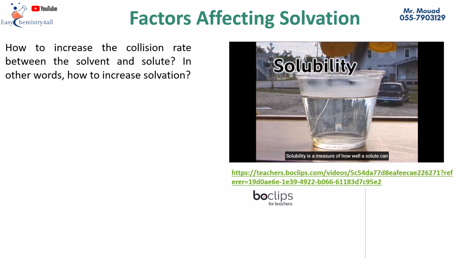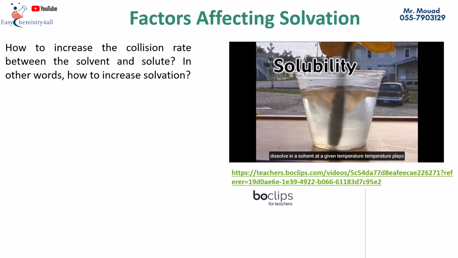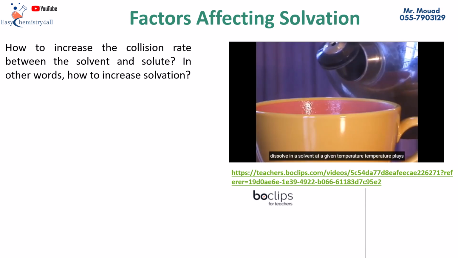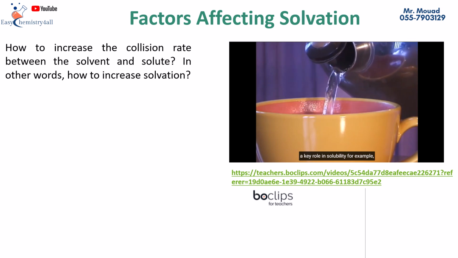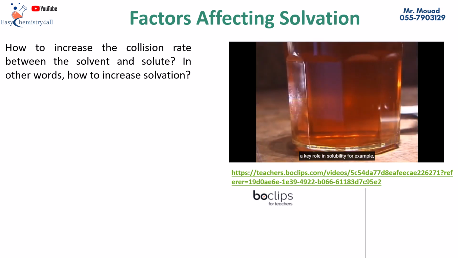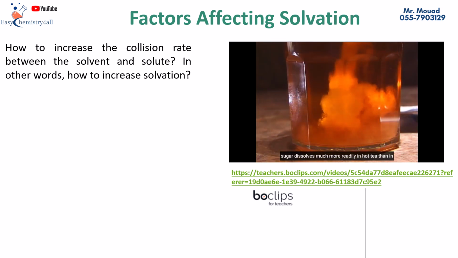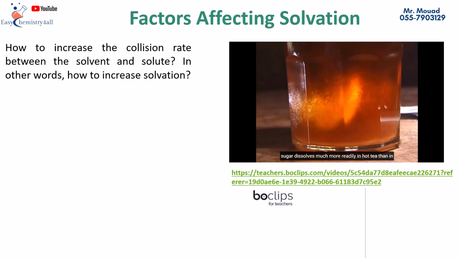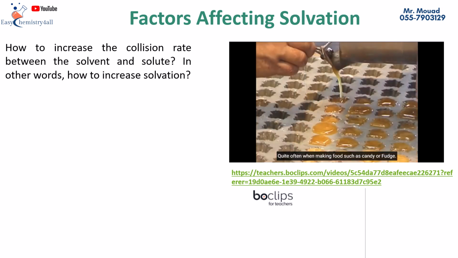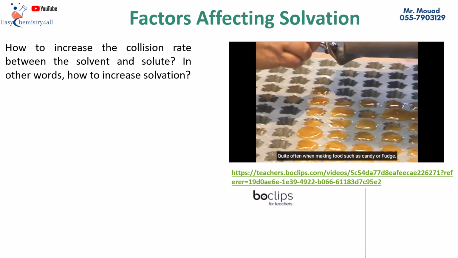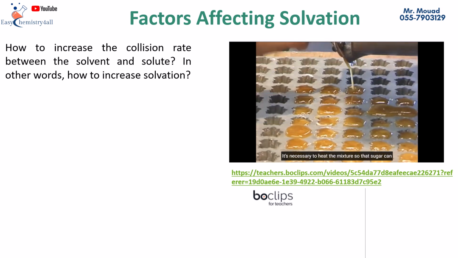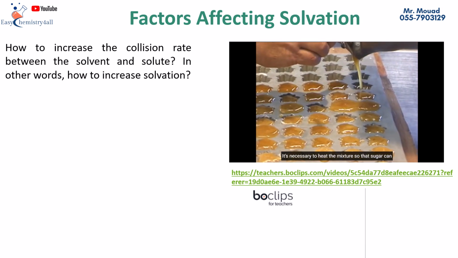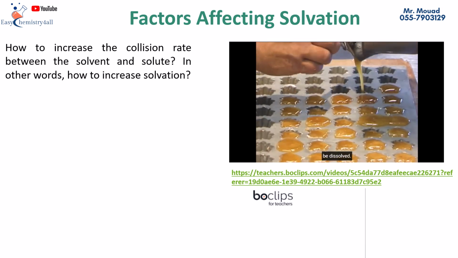Solubility is a measure of how well a solute can dissolve in a solvent at a given temperature. Temperature plays a key role in solubility. For example, sugar dissolves much more readily in hot tea than in iced tea. Quite often, when making foods such as candy or fudge, it's necessary to heat the mixture so that sugar can be dissolved.